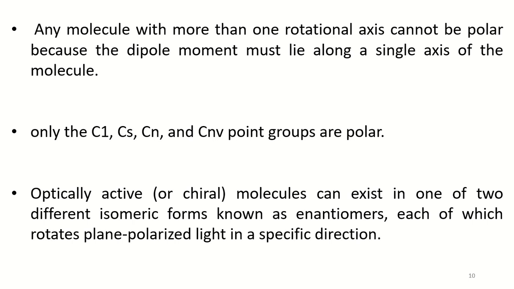In order for a molecule to be optically active, its optical isomer must consist of non-superimposable mirror images. This will occur if the molecule has no other symmetry besides the identity element or a proper rotation.